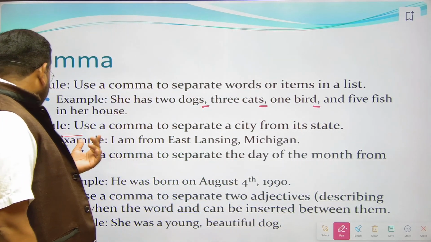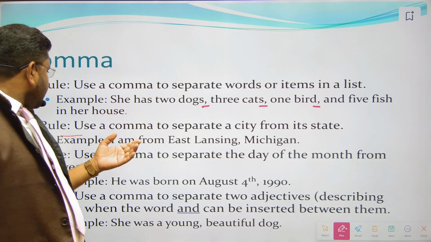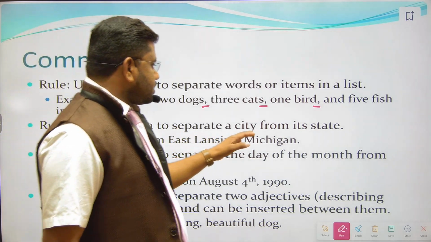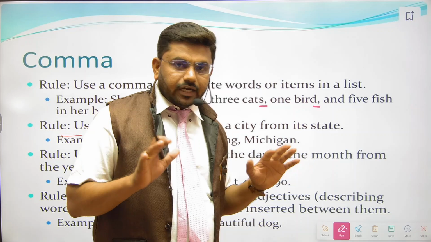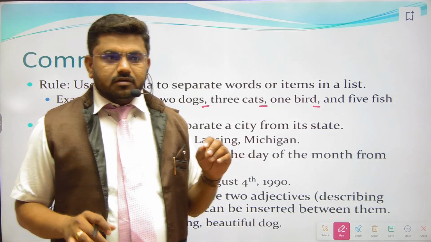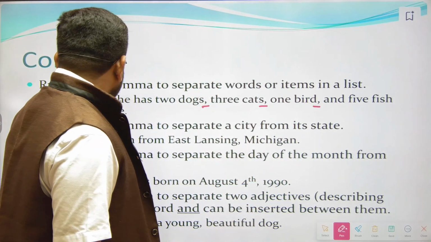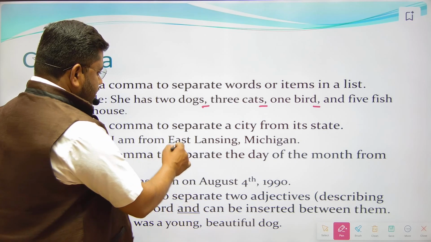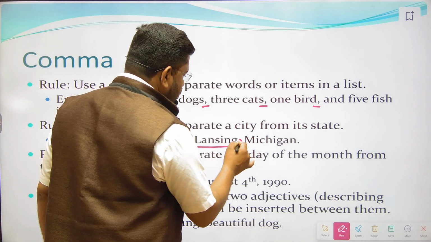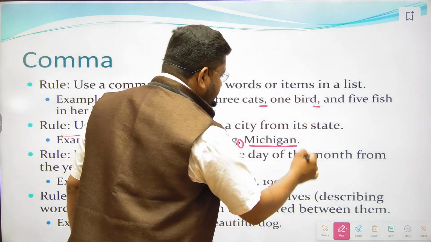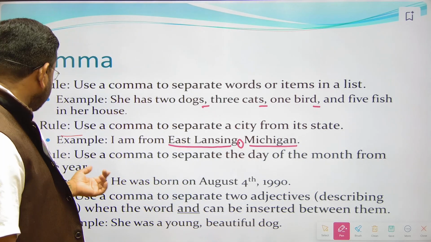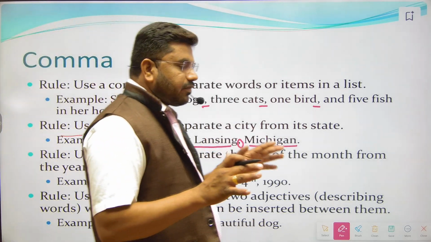Now see next, here are some rules. Use a comma to separate a city from its state. At that time also we have to write the comma. Example: I am from East Lansing, Michigan, and here is also a comma given. Use a comma to separate the day from the month.